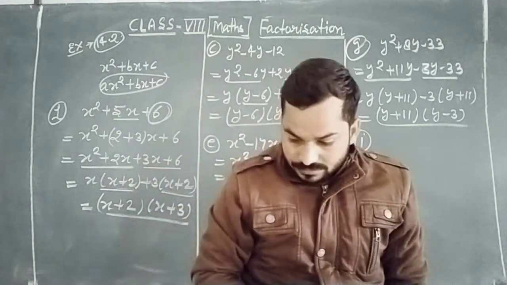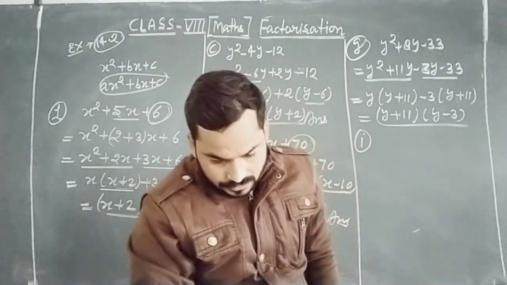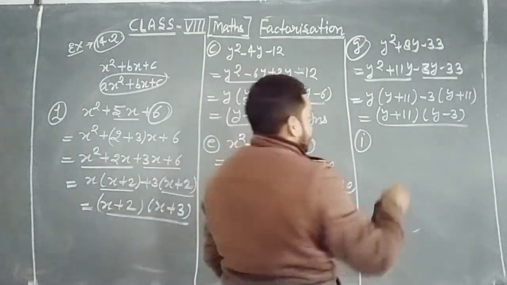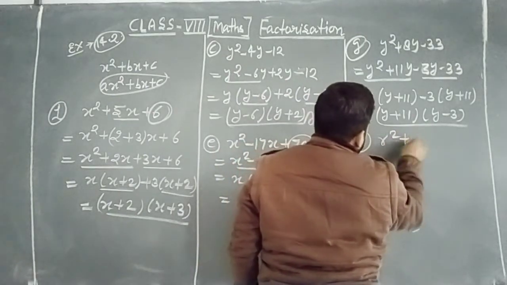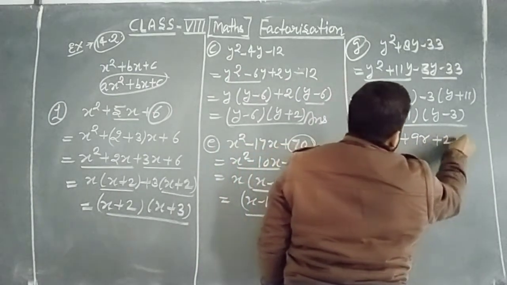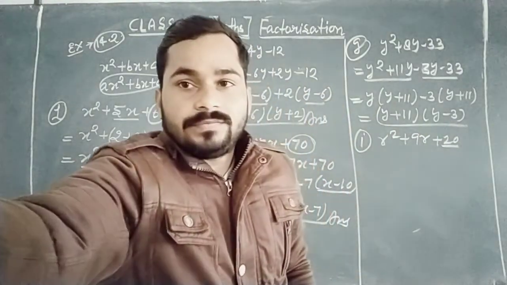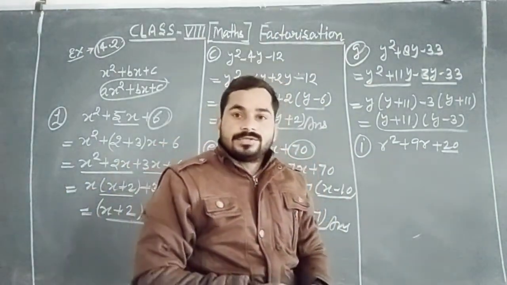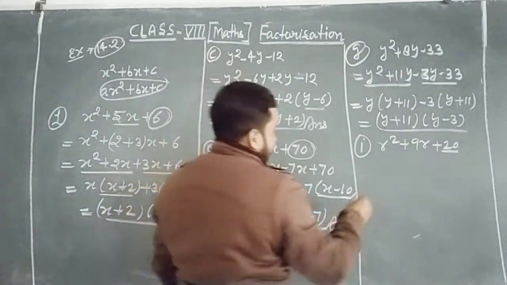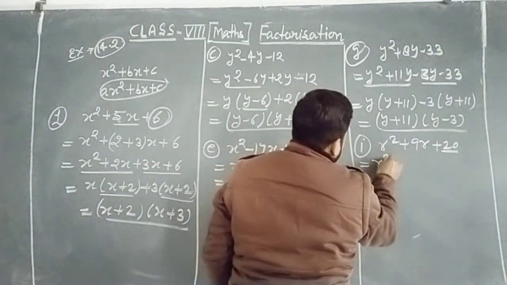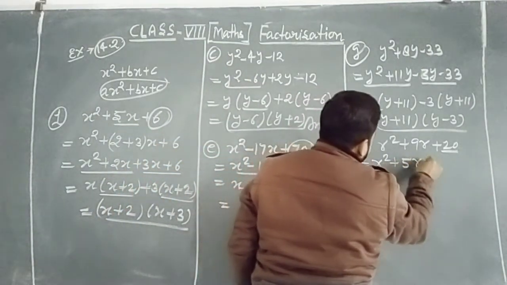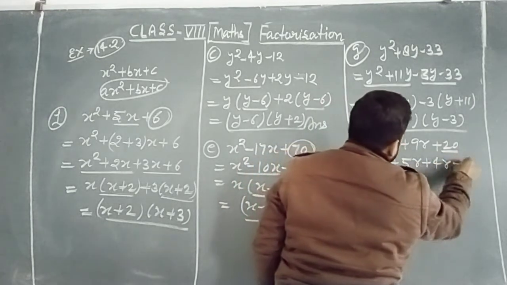Then the i part: r square plus 9r plus 20. So factors of 20: 5 times 4 is 20, and 5 plus 4 is 9. So r square plus 5r plus 4r plus 20.